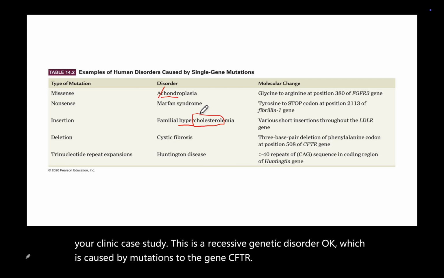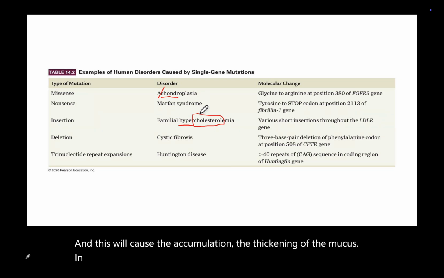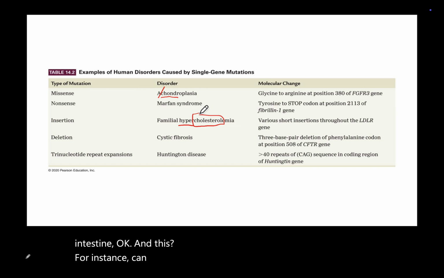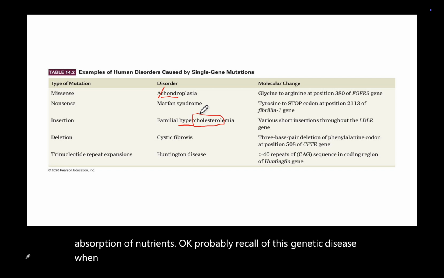And this will cause the accumulation, the thickening of the mucus in your airways and in the ducts connecting your pancreas to your small intestine, okay? This, for instance, can cause respiratory issues and issues with absorption of nutrients, okay? You'll probably recall this genetic disease from your clinical case study.